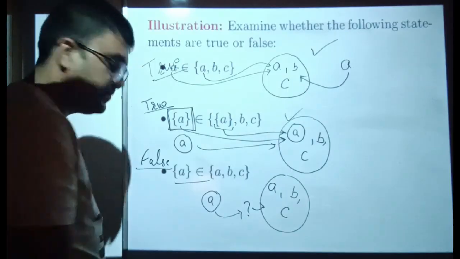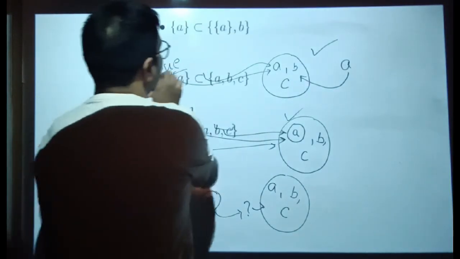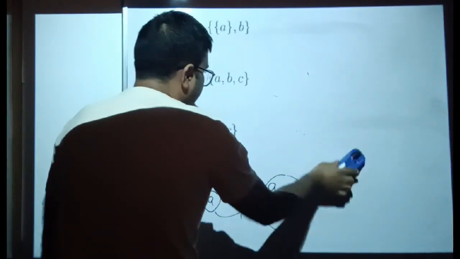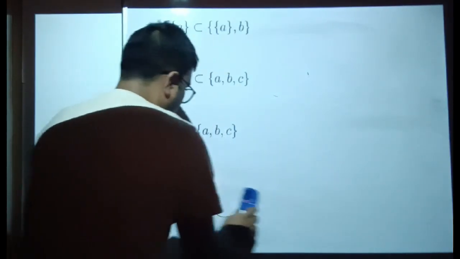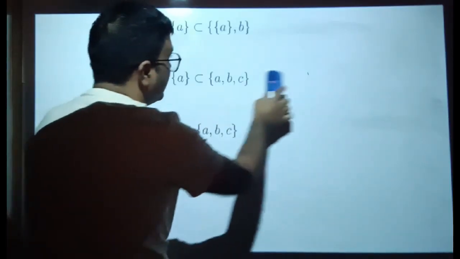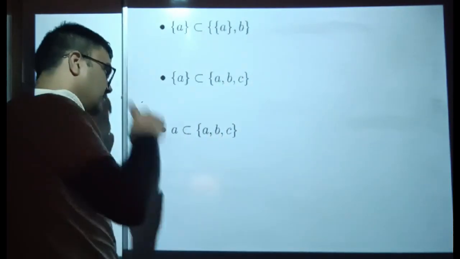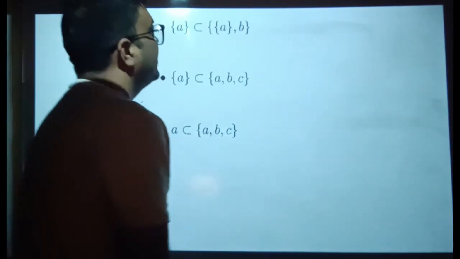Next, look at this. Now we are talking about the subset conditions. In the previous case we were talking about belongs to. Now we are talking about the subset. Let us again talk about the definition of the subset.